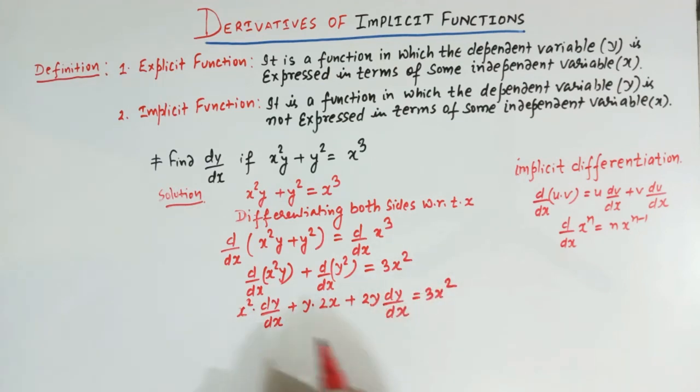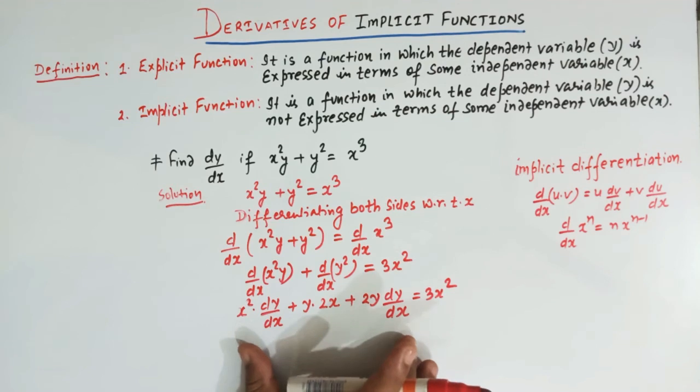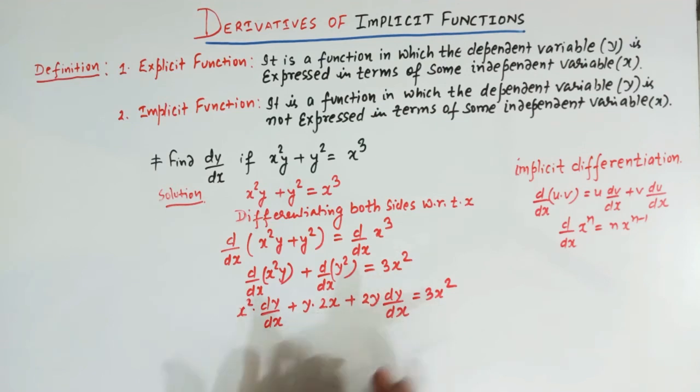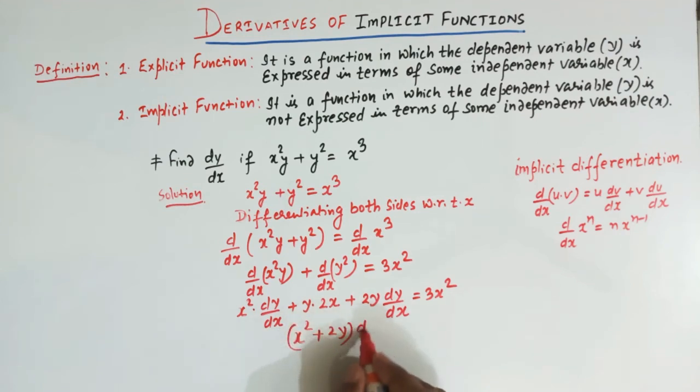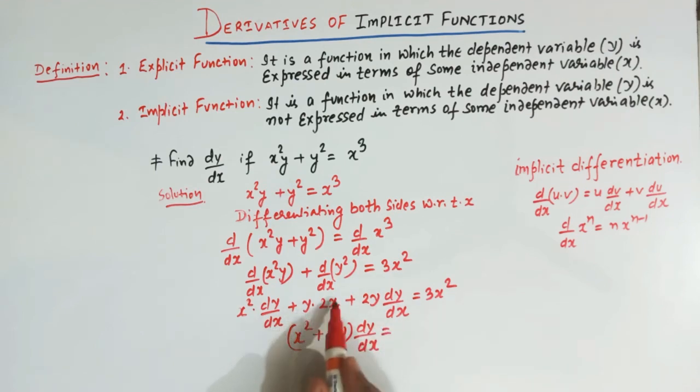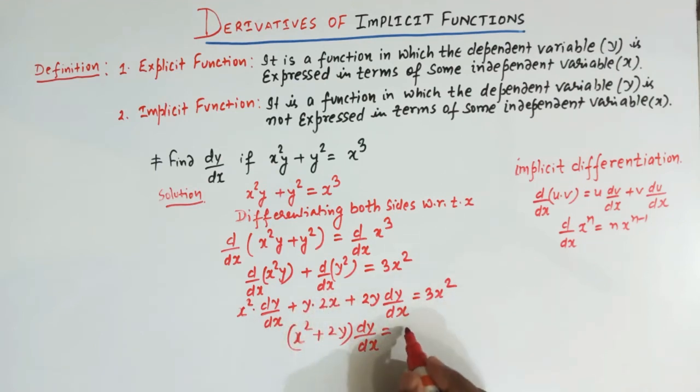Now again, we will collect the terms containing the derivative of y with respect to x. So we have here x square plus 2y, and here we have dy over dx, and taking this term to this side, we have 3x square minus 2xy.